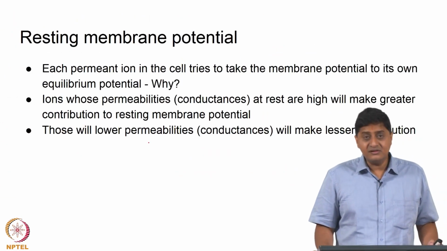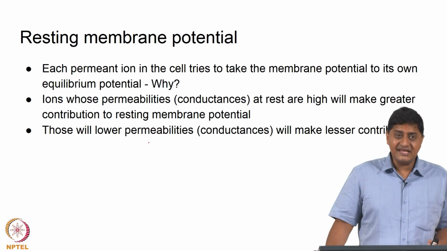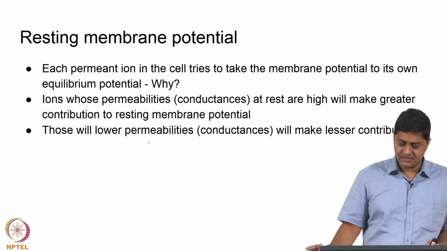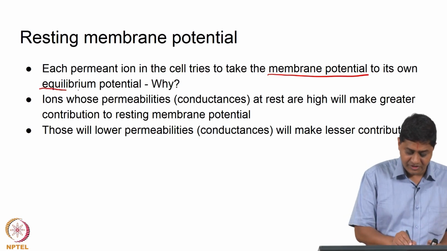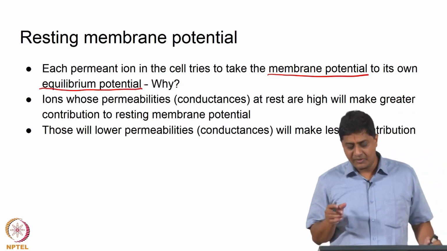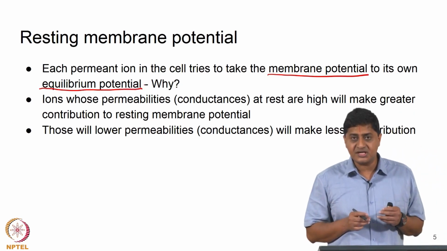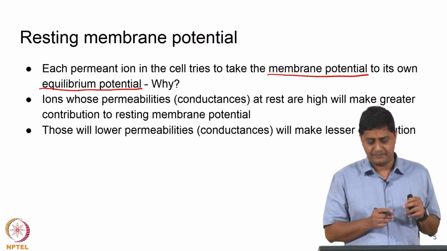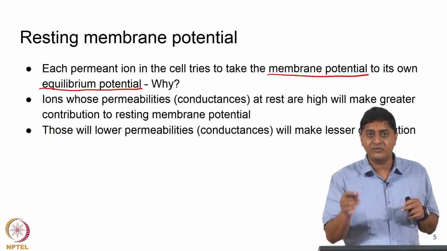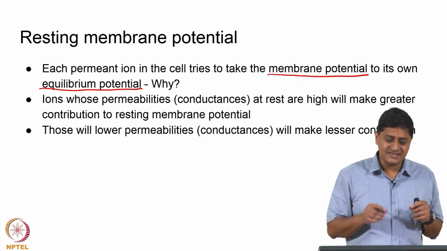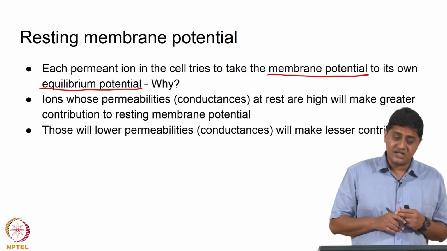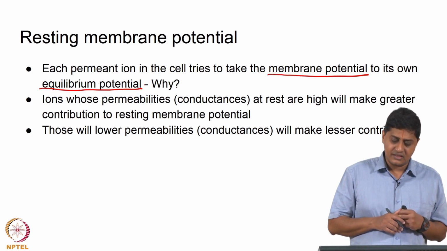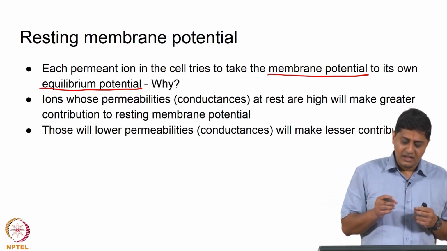So, another important point to note is that each permeant ion in the cell tries to take the membrane potential to its own equilibrium potential. Note the difference. The membrane potential is the potential maintained across the biological membrane between the inside and the outside, for example. Whereas the equilibrium potential is specific to an ion.